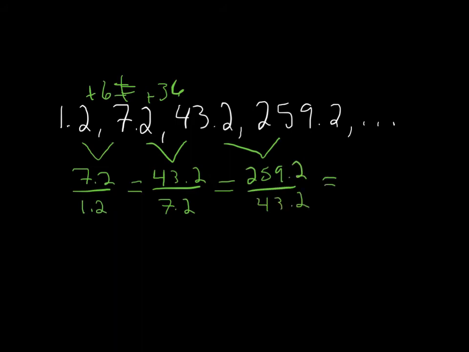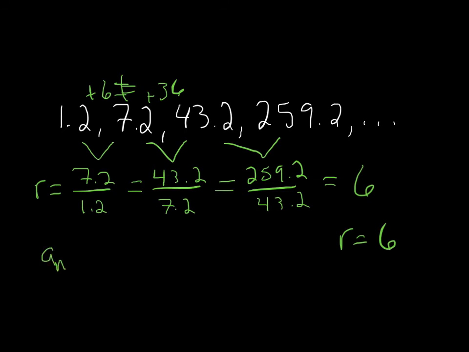So do this in your calculators. 7.2 over 1.2, well, you'll get 6. 43.2 divided by 7.2, again, you'll get 6. 259.2 divided by 43.2, we'll get 6 again. And if that is the case for all of our ratios, we have a common ratio of 6, and that means that this is geometric.